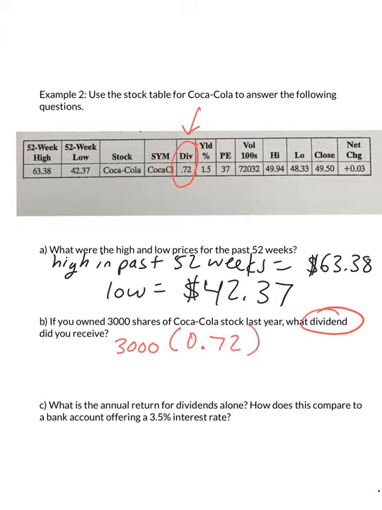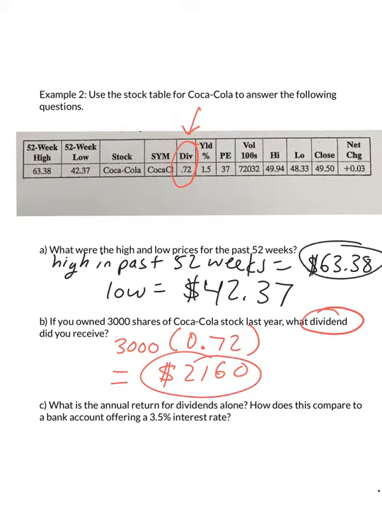So you're just going to simply multiply the number of shares you owned times the dividend amount per share. So 3,000 times 0.72, and you should be getting $2,160 as the final answer to part B. I'll go ahead and circle the answers to A as well.